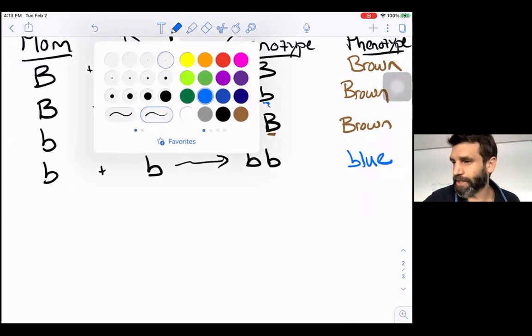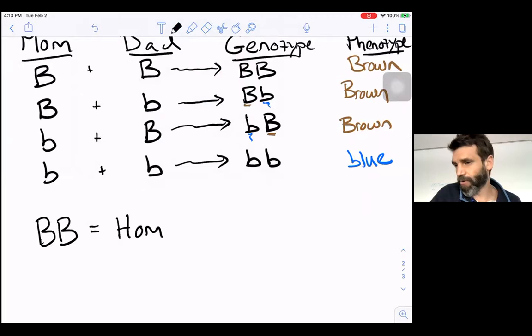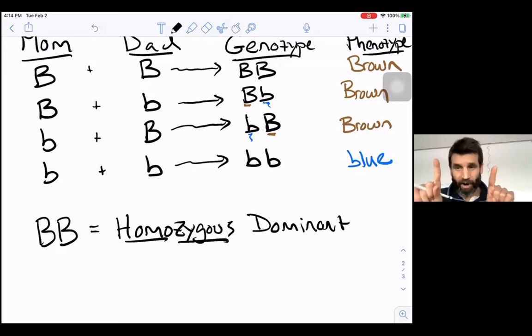So a little bit more nomenclature, or wording, that we have is, if we have big B, big B, we call this homozygous dominant. Homo meaning the same, zygous coming from the zygote, or having the pair of chromosomes together. So this just means it's the same chromosome.